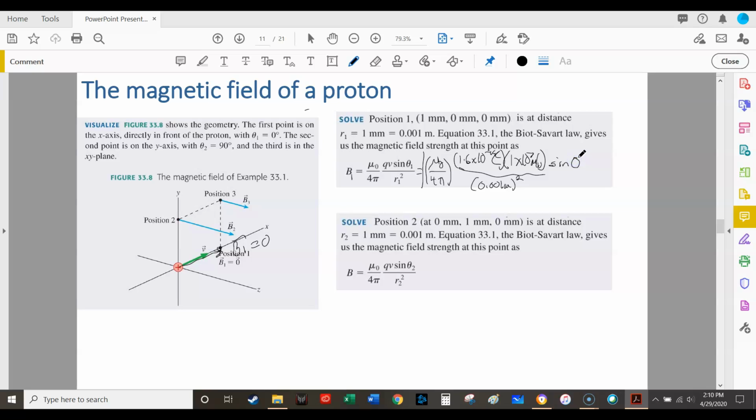So this is 0 degrees, which means this is going to be 0, and that's going to make this whole thing 0. Just for the fact that this sine of theta, since that guy is in the line of that, is what's going to make this angle here 0. Okay.